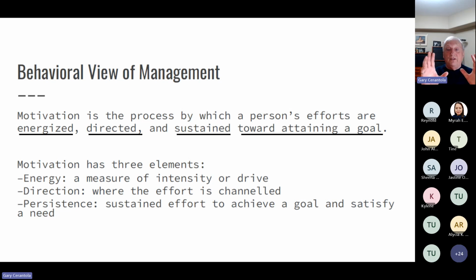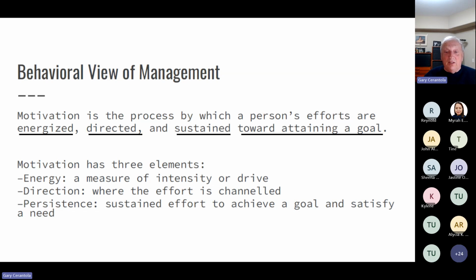So you're motivating the elephant, directing the rider, and sustaining towards attaining a goal. And how do you get sustain? You need to set the path, to give them the tools and the capabilities, take away the obstructions, and help them through the challenges to be able to get there.